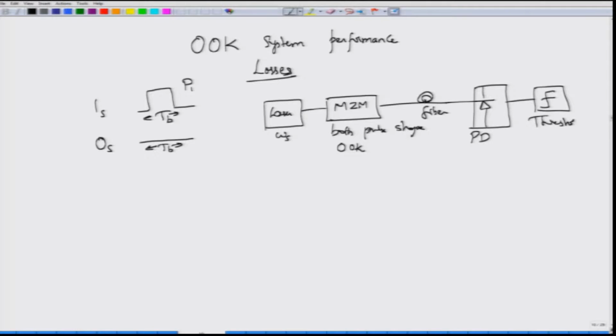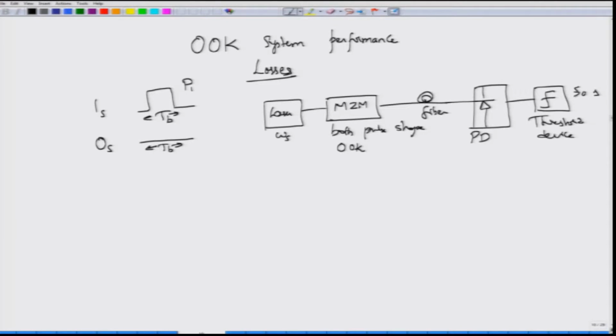The objective of the threshold device is to simply look at the photocurrent that is received. If the photocurrent is above a certain threshold, then it will declare that as a bit 1, and if it is below threshold, it will declare it as a bit 0, right. That is what you would expect. When you transmit a symbol 1, you expect the optical power to be greater than 0 and it must be greater than a certain value, right. So, you can define that as a bit 1.